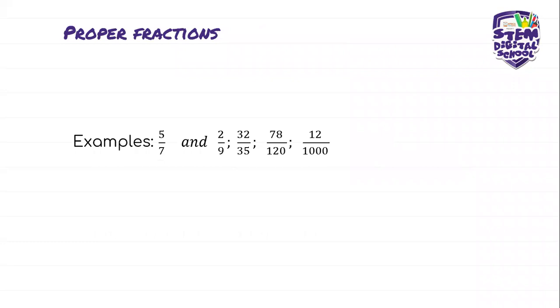We have an example here, 5 over 7. These are examples of proper fractions. So 5/7 is a proper fraction because the numerator is smaller than the denominator. And 2/9 is also a proper fraction because the numerator is smaller than the denominator.